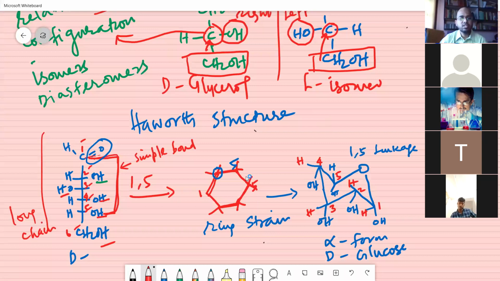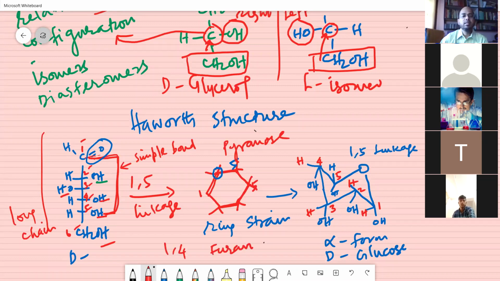Write a long chain structure, and then by means of 1,5 linkage, the ring becomes cyclic. If it is 1,5 linkage, it becomes pyranose form. If it is 1,4 linkage, it becomes furanose form.